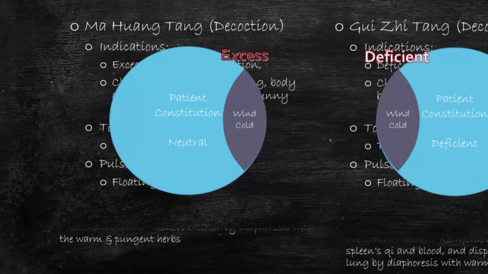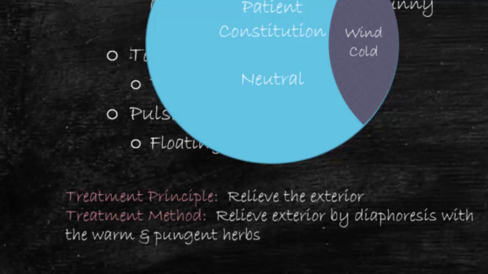So if you look at Ma Huang Tang, the treatment principle for relieving excess wind cold in a neutral body constitution is to relieve the exterior by diaphoresis with warm and pungent herbs.